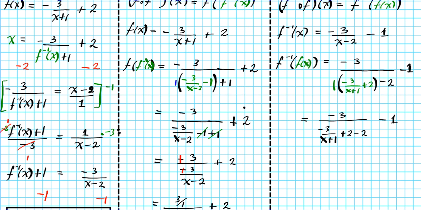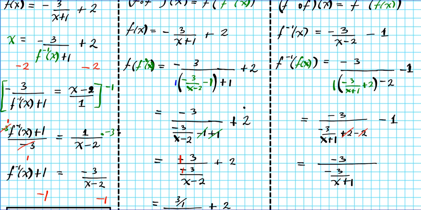Now what happens in the denominator in this quotient expression on the left? Plus 2 minus 2 add up to 0. So we're left with negative 3 divided by negative 3 divided by x plus 1.